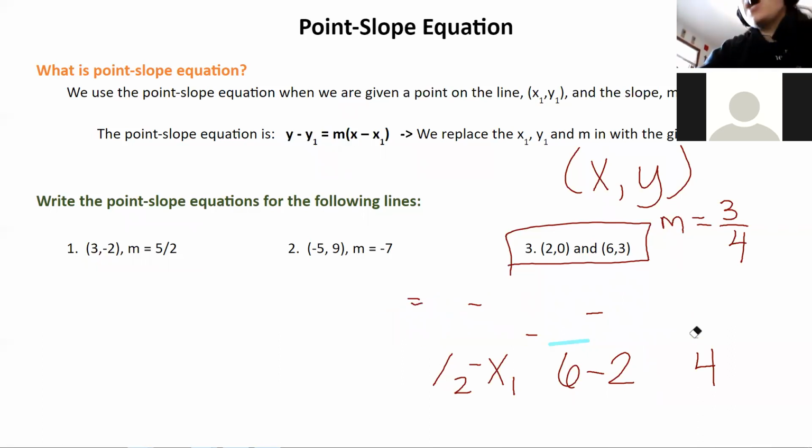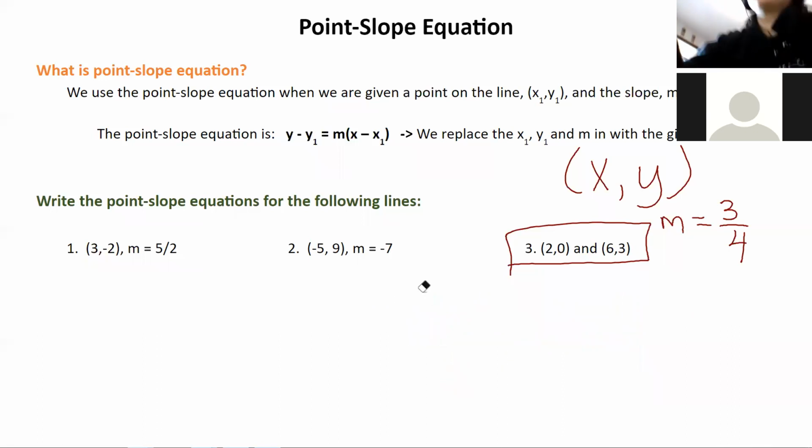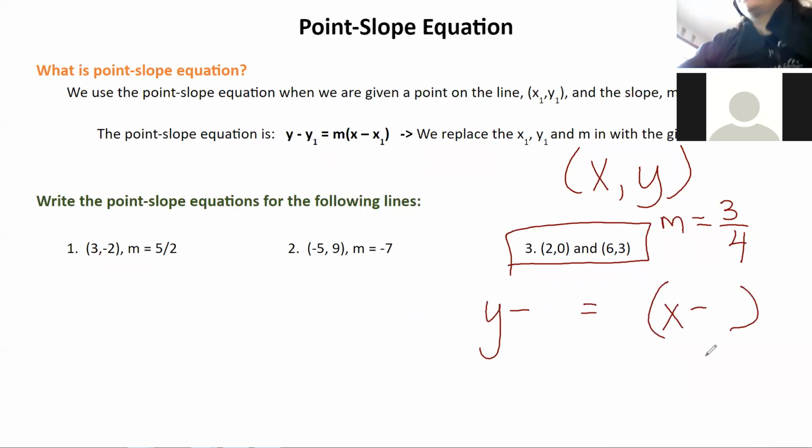Okay, so now putting it into the point slope formula, I'm going to leave my y and my x. Okay, the slope, where does the slope go? Where do I put the slope in that formula? In the middle, right? Right in front of that parentheses.